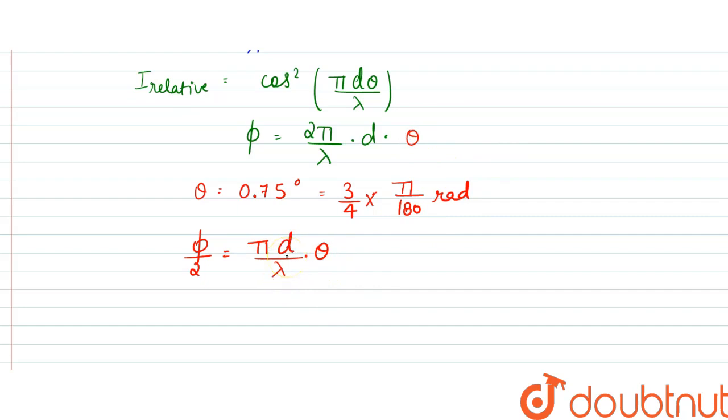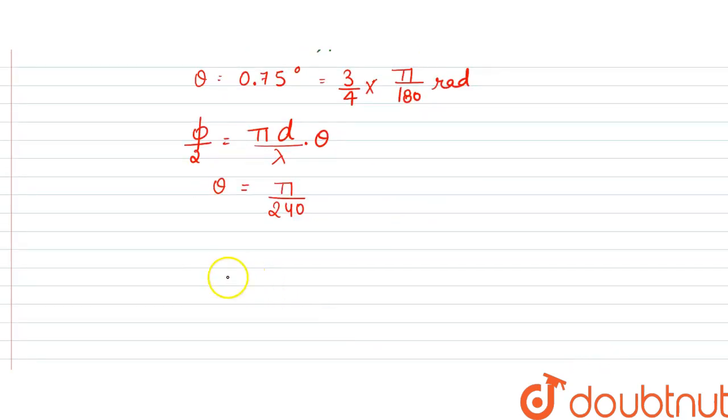Since theta is very small, tan theta would become theta itself. So theta is equal to pi by 240.